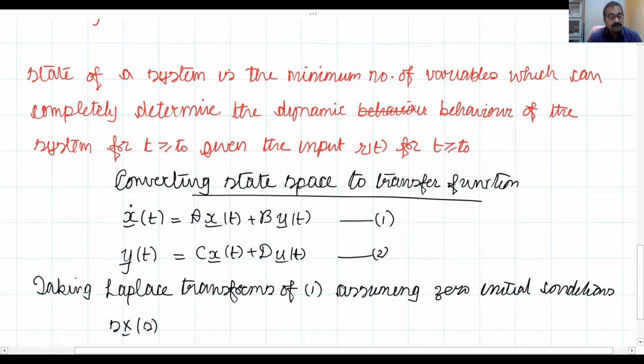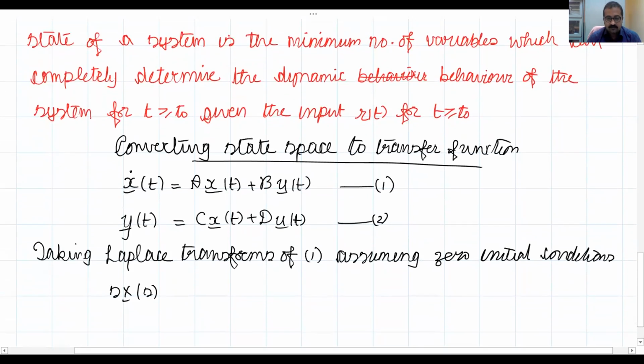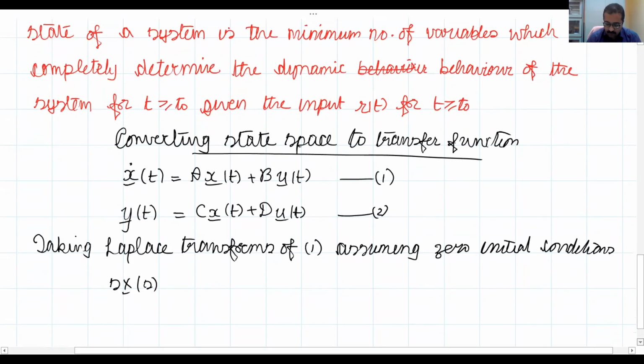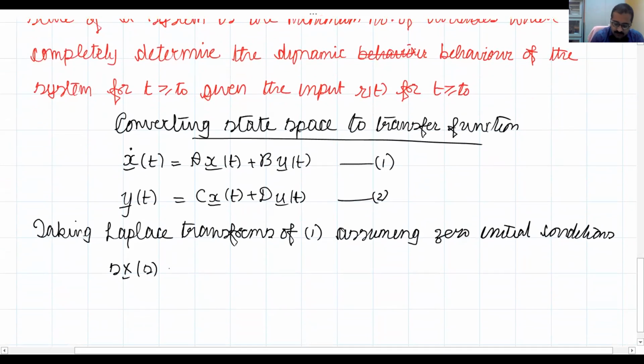Actually, if you had not ignored the initial condition, you should have got sX(s) minus x(0). Since transfer function is defined only for 0 initial condition problems, x(0) has to be 0. So sX(s) equals A into X(s) plus B into U(s).